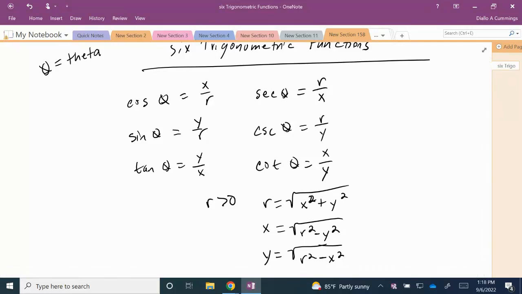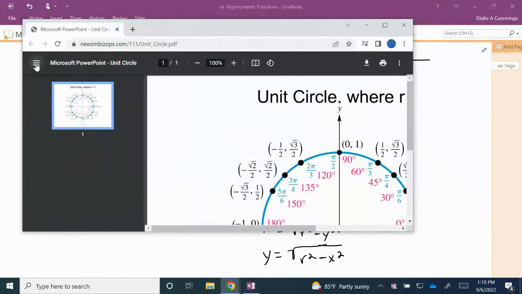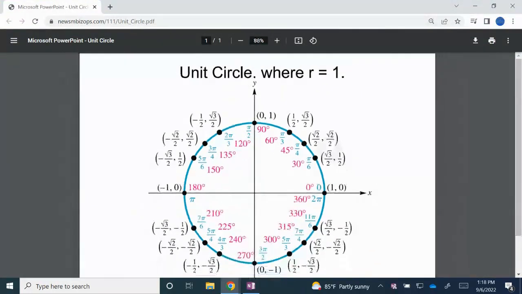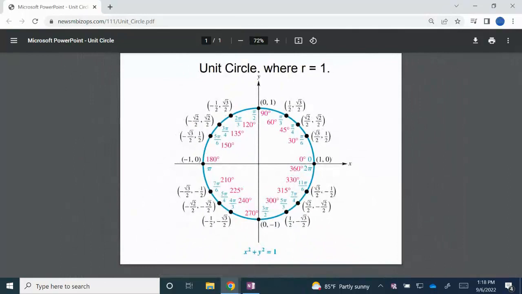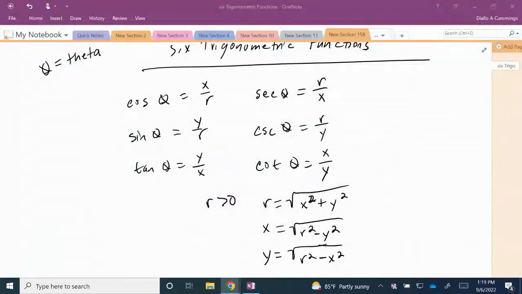Next, I want to go in and I want to pull up the unit circle. Right, and here we have the unit circle. And just one thing about the unit circle, notice that it's just a circle with a radius of 1. Right, so you'll see at the top it says that r squared is equal to 1. So let's say if we wanted to find the cosine of 30 degrees, right, so I want to just minimize that for 1 second.